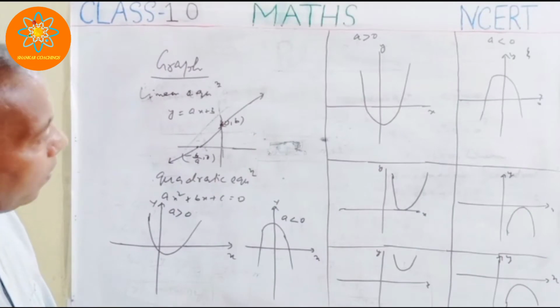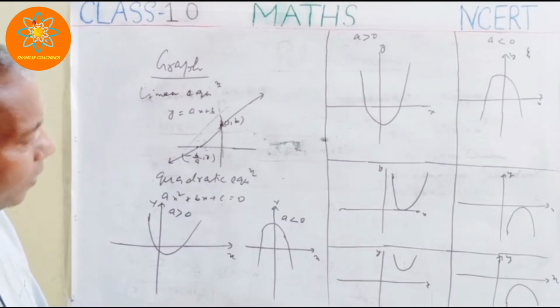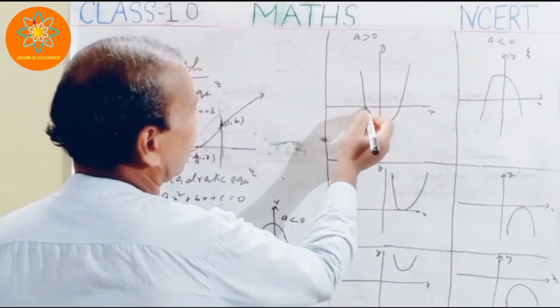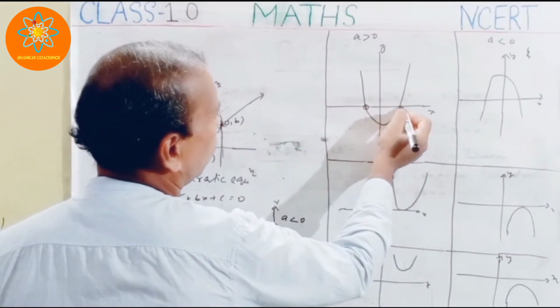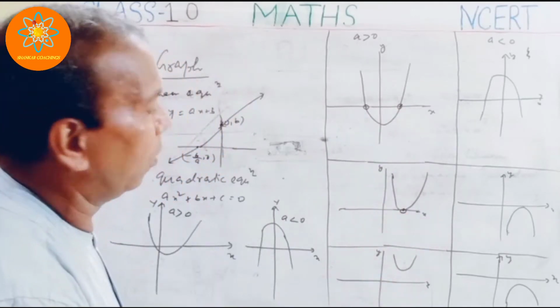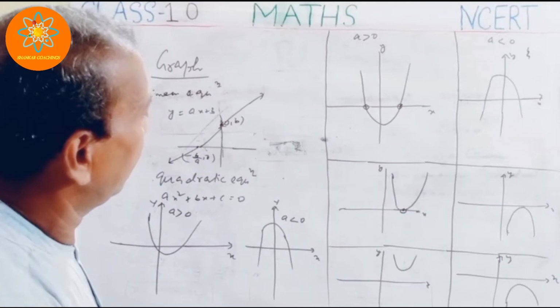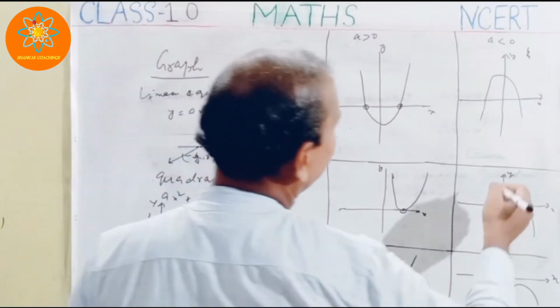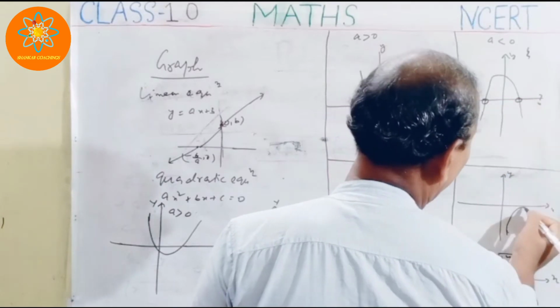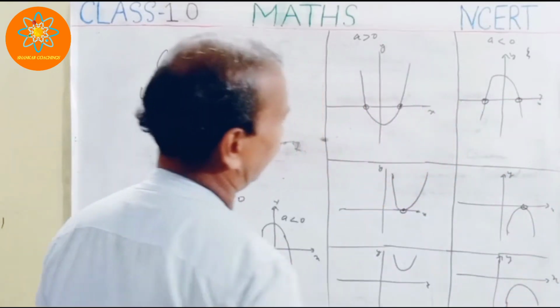Now, in all cases, what are we saying? At this point, it cuts the x-axis at 2 points. Here it is 1 point, and here it is not cutting the x-axis. So likewise here, when A is less than 0, it cuts the x-axis at 2 points, here at 1 point, and here none.